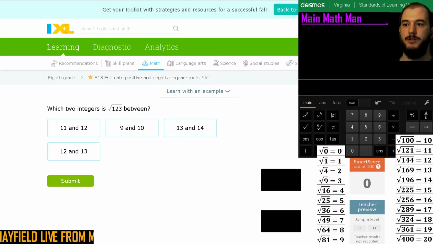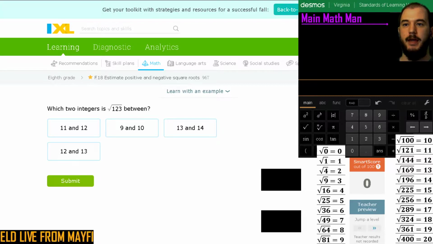So again, the square roots that we're going to be working with are not going to be perfect squares. However, we are still going to be using them. So in this first one, it says which two integers does the square root of 123 go between? There's always multiple ways to do this, but the way I like to do it personally is to go on my square roots list.